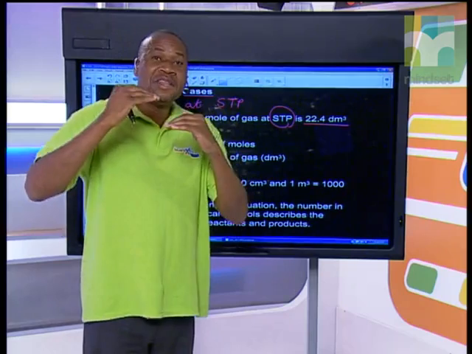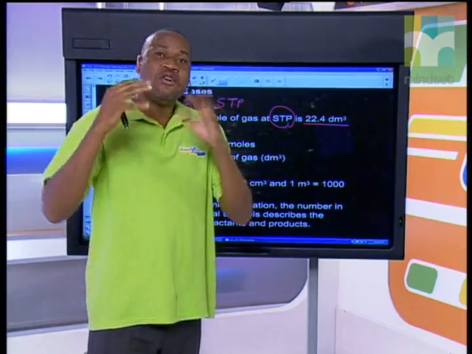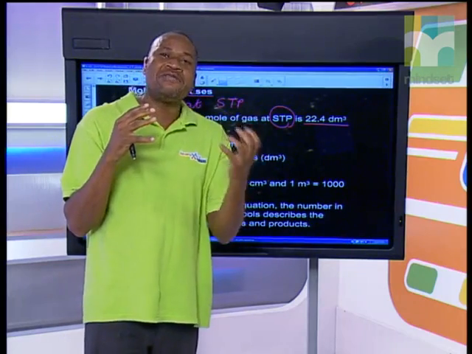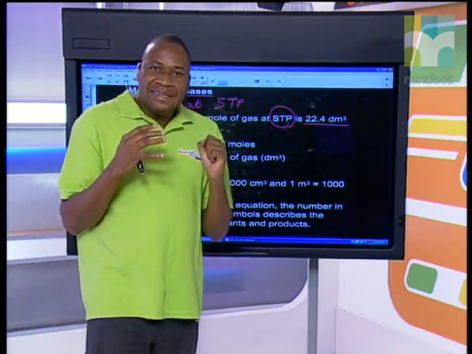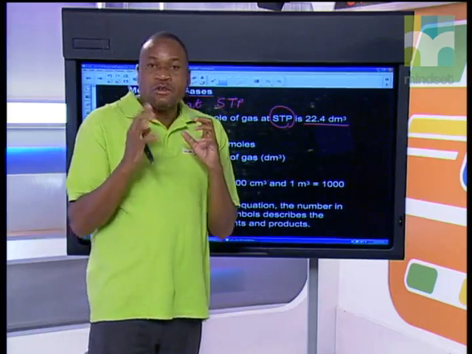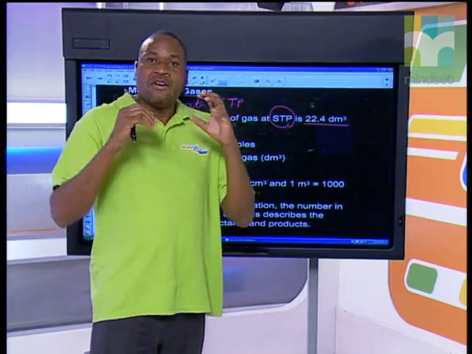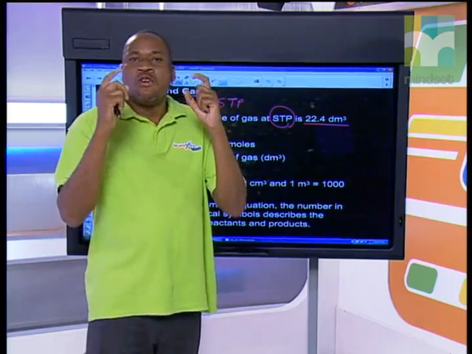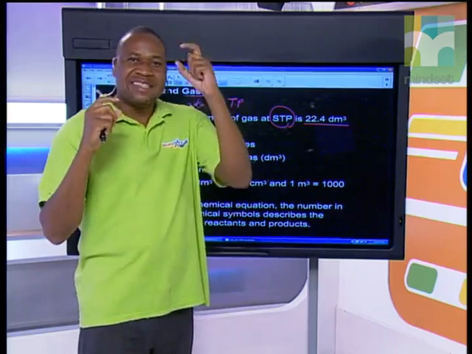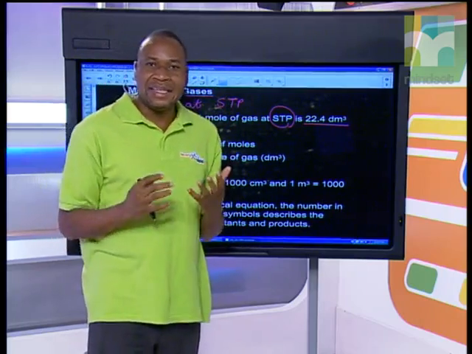So if I've got more than that, the volume will be slightly more according to the amount of gas that I have. If I have a little bit less, the volume will also be a little bit less, less than 1 mole. Why? Because only 1 mole will occupy 22.4. If it's less, then there shall be a lesser volume.